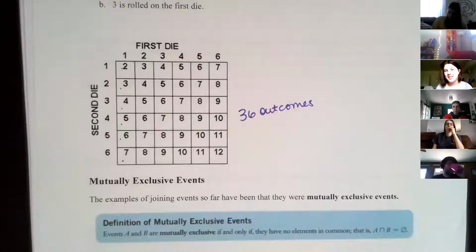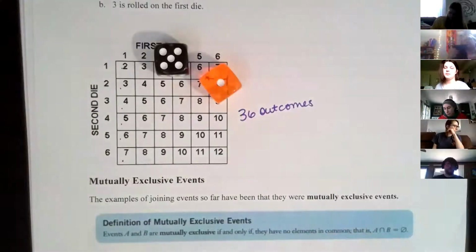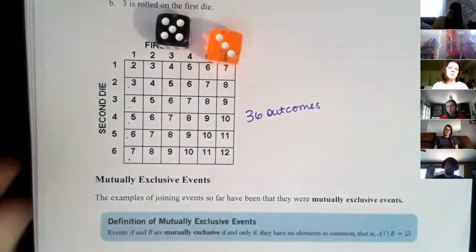Even if it wasn't 36, it wouldn't be 10. It would be like 12. Brown and orange. Okay. So the brown was my first die and my orange is my second die.